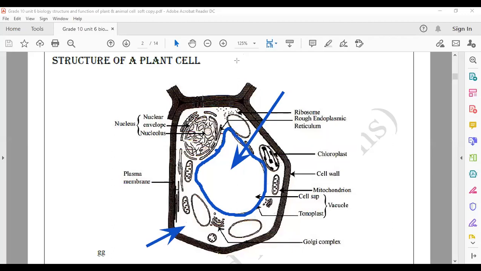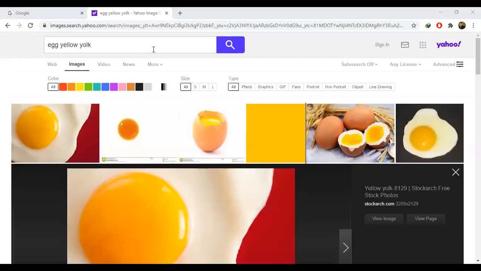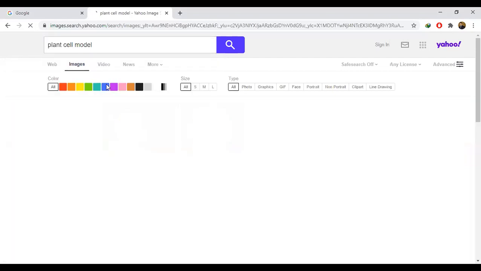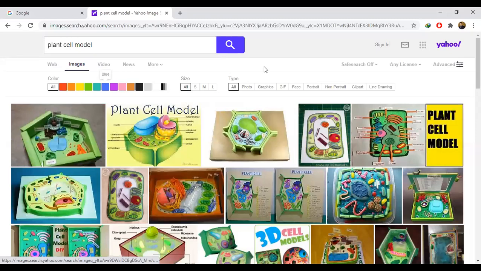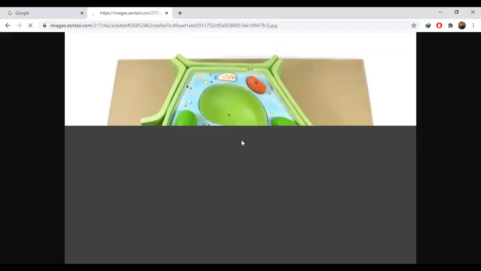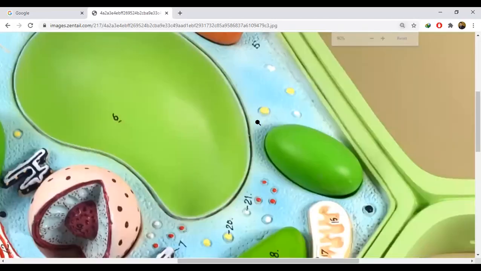Think this way. I will show you a different example. Plant cell model. Let's go for a plant cell model. We generally call these kinds of things by the name model, my children. In school laboratories, they would have this.